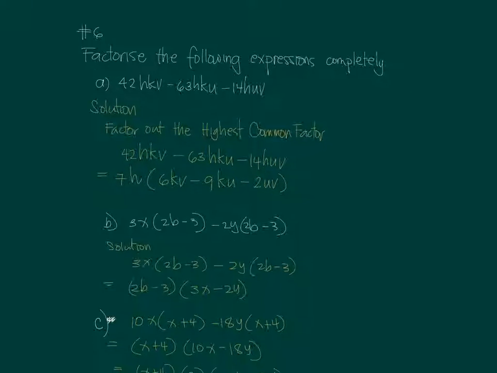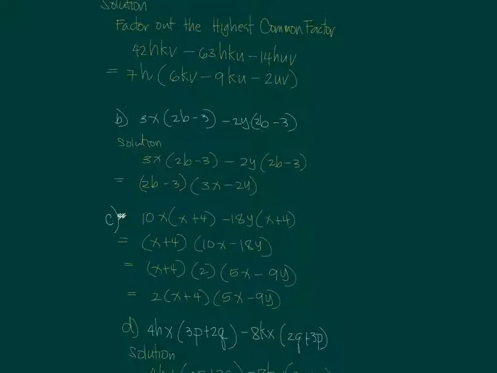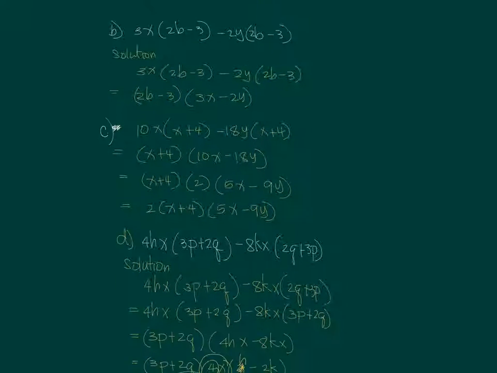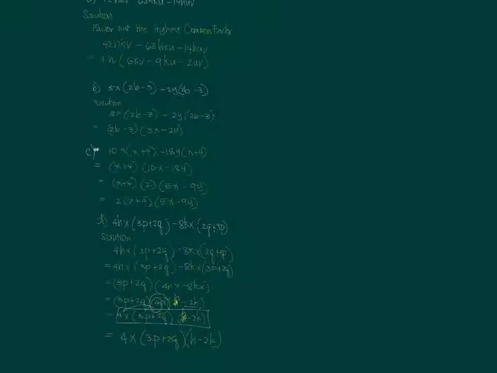For letter B, factoring a common expression from a group without simplifying further. Letter C is like letter B, but you have an additional step. And then letter D, you have to perform some initial steps so that you could perform the process you have performed for letter B and C. Okay, so that's for factoring. That's it.